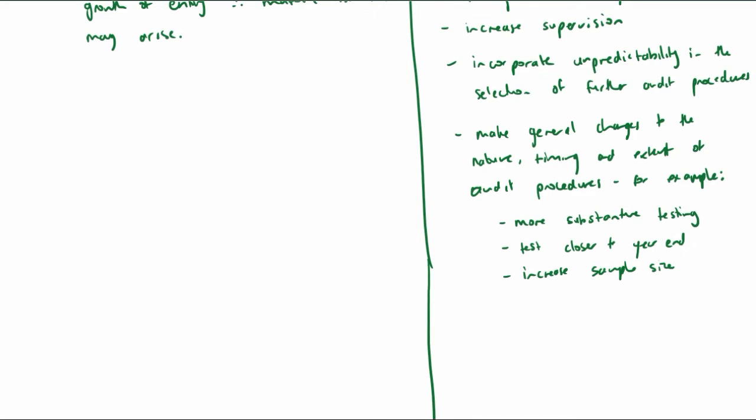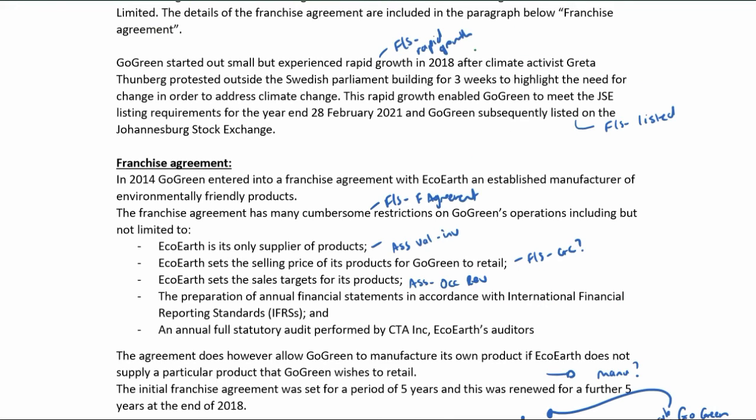And I know that if I'm saying let's increase sample sizes, what works with that is to decrease materiality. So those are just some general changes I can do to respond to a specific risk at the financial statement level, and now any other risks that I pick up at the financial statement level. So let's go back to pick up more risks. So I can cross that off.